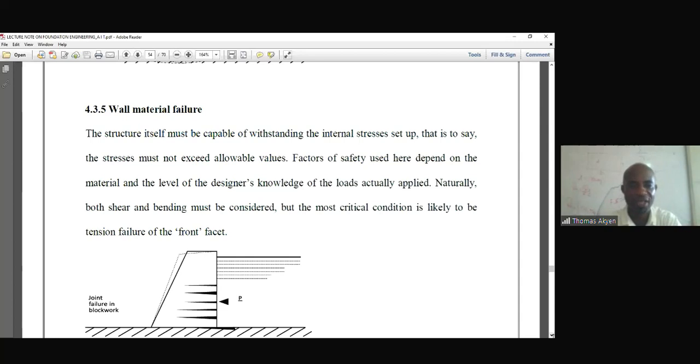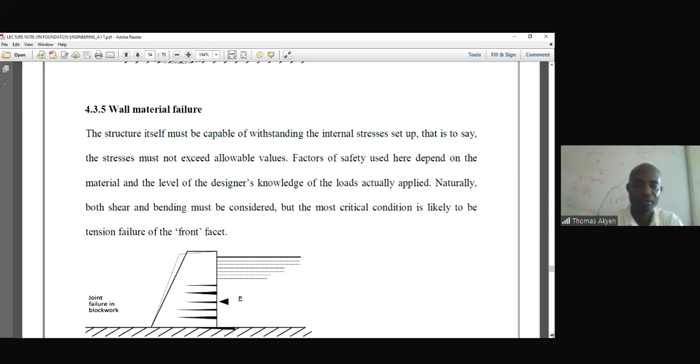Some specialize in bridges, some in building structures, and some in retaining walls. So you go in for the one specialized in retaining walls. They will examine the material, then tell you the factor of safety to use.